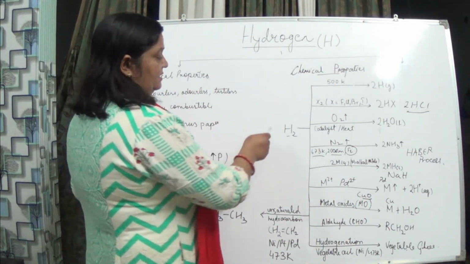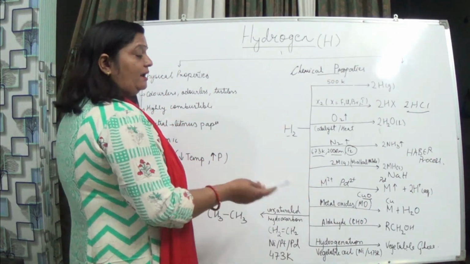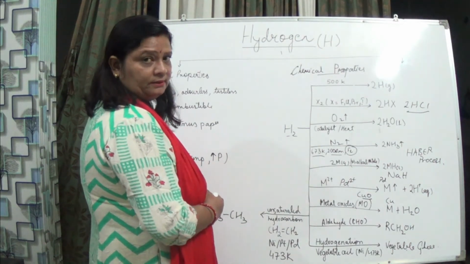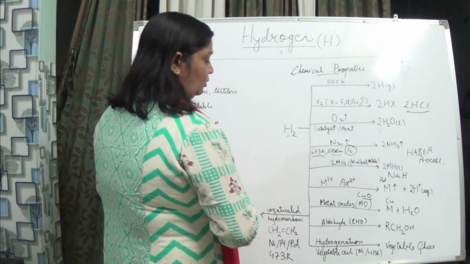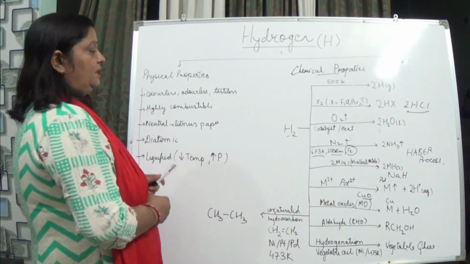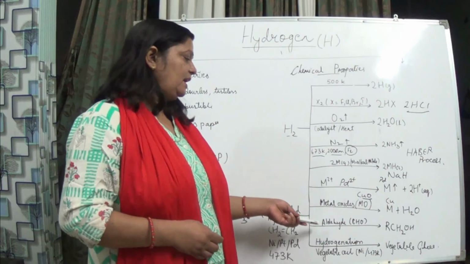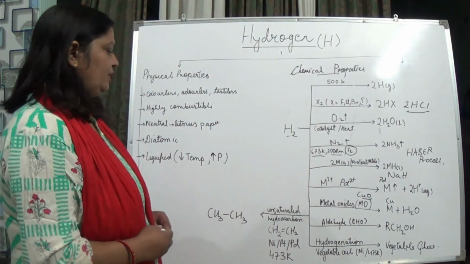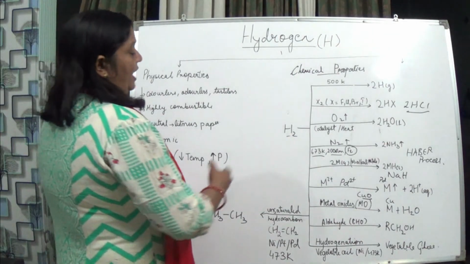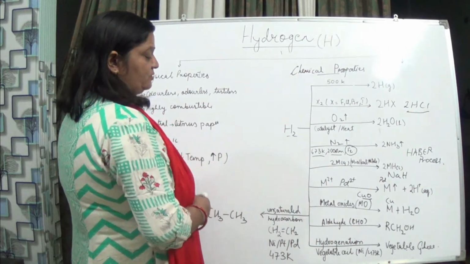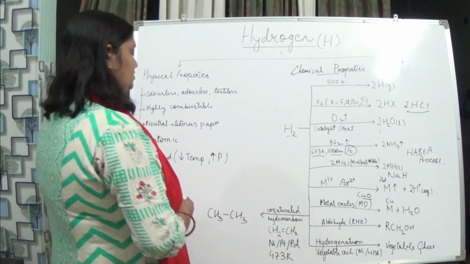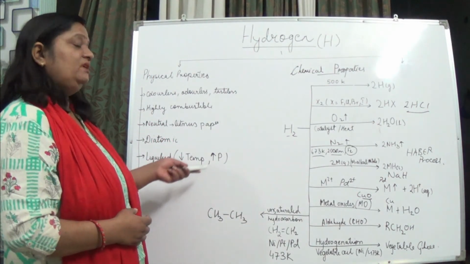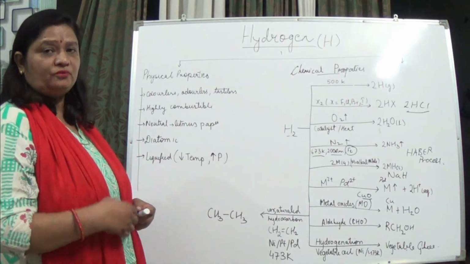Now this hydrogen reacts with aldehydes to form what? Alcohol. So here hydrogen reacts with an aldehyde to form an alcohol. Now the hydrogenation reaction: what happens is that any alkene or alkyne reacts with hydrogen to form what?